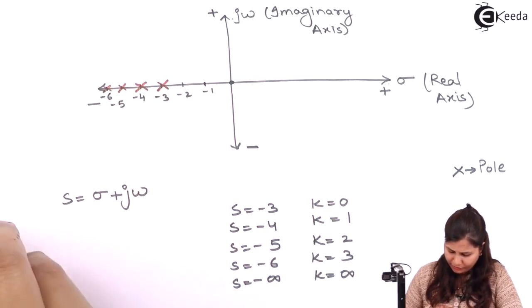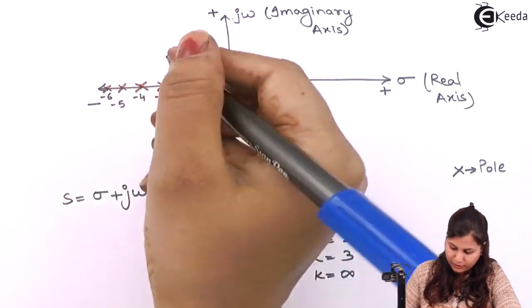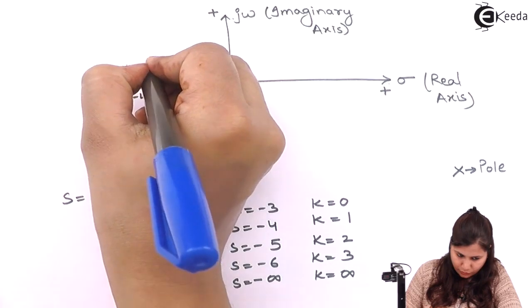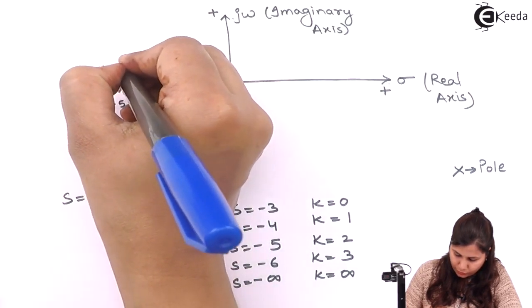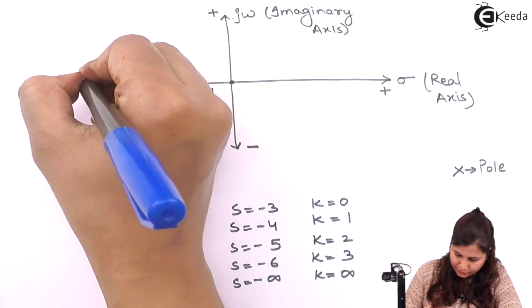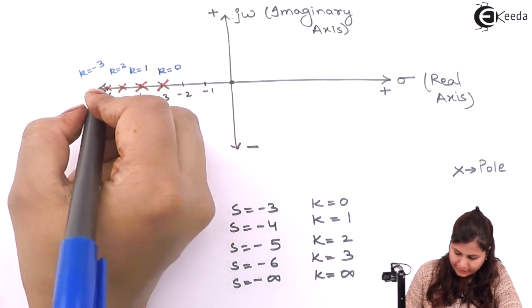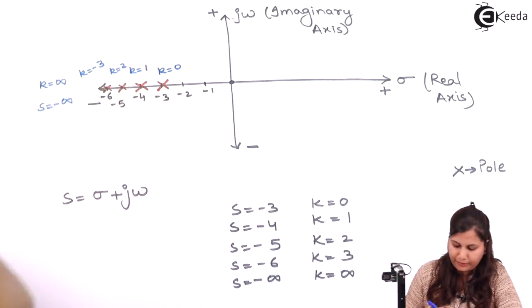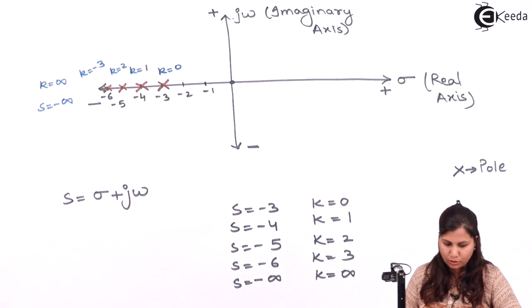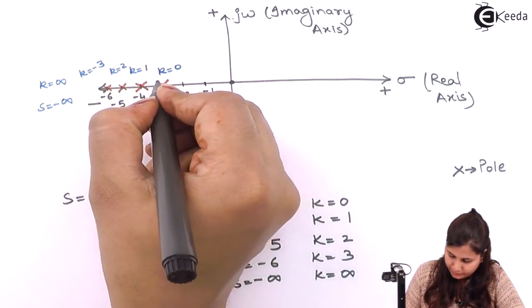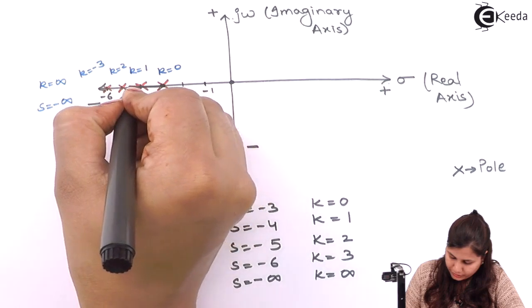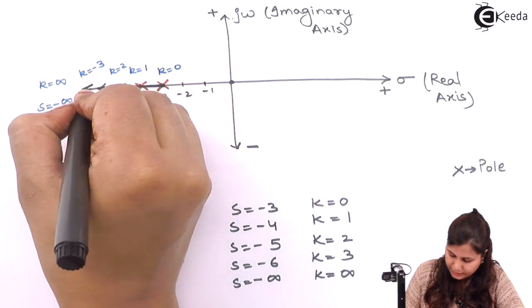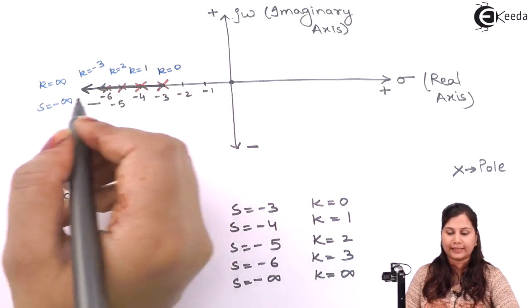So what do we have? We have poles at minus 3 for K equals 0, minus 4 for K equals 1, minus 5 for K equals 2, minus 6 for K equals 3, and then K equals infinity gives S equals minus infinity. So our root locus will go from here in this direction, towards minus infinity.